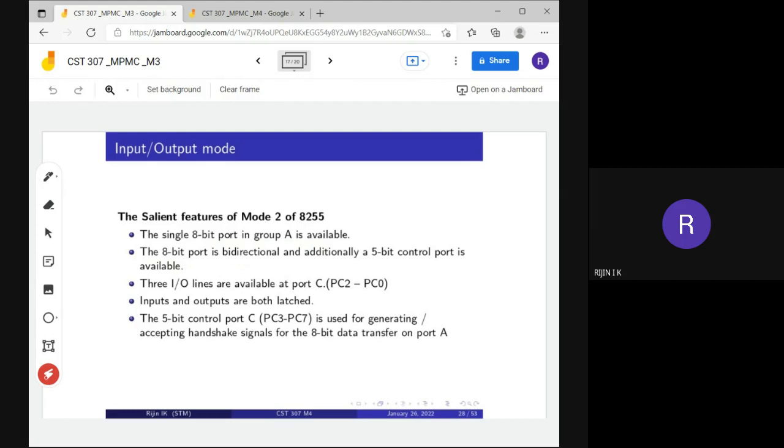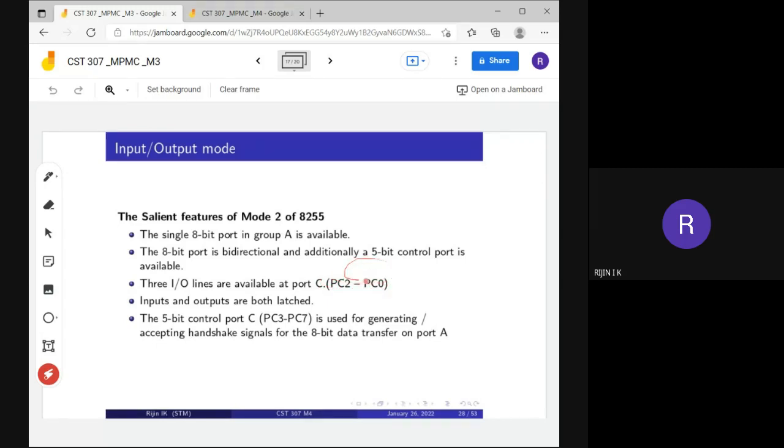In order to perform this input-output operation, a 5-bit control port is also available, and in that, 3 IO lines are available at port C, that is PC0 to PC2.